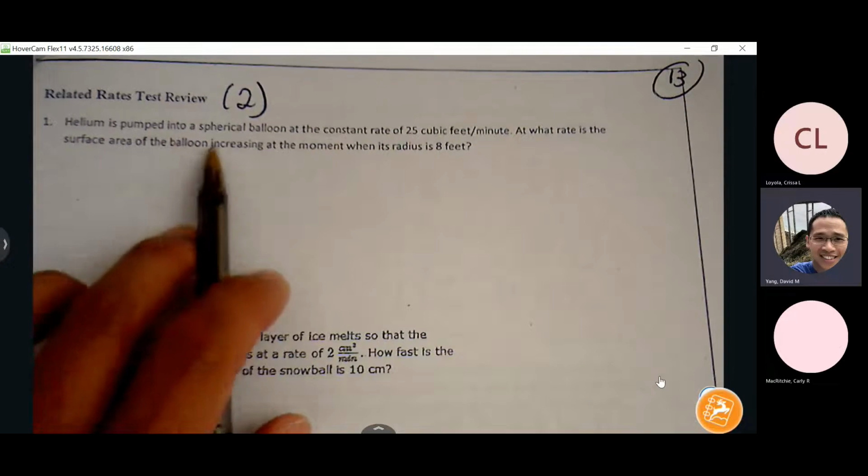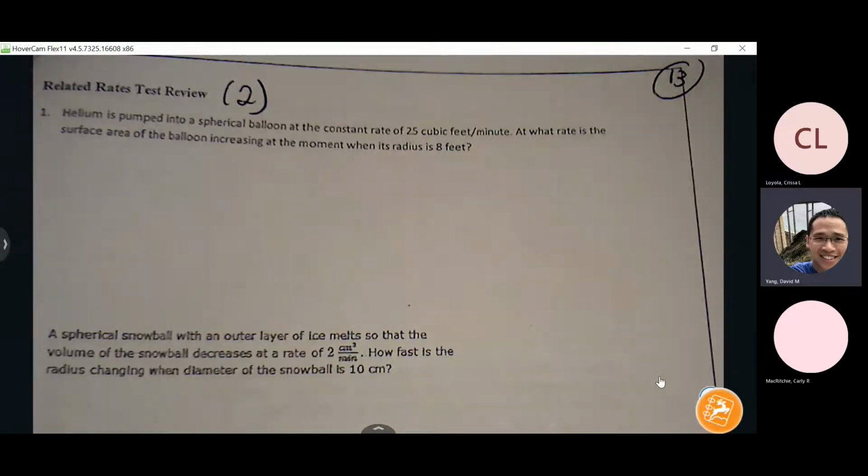Okay, number one, helium is pumped into a spherical balloon at a constant rate of 25 cubic feet per minute. At what rate is the surface area of the balloon increasing at the moment when its radius is 8 feet?